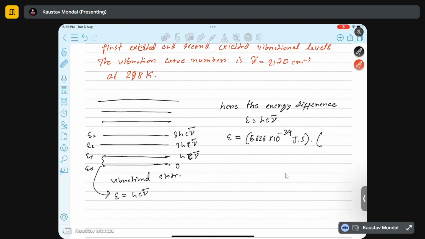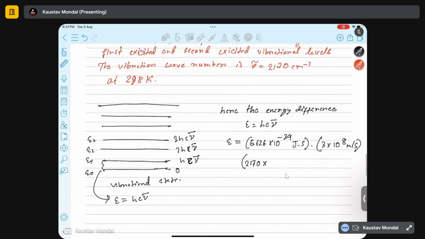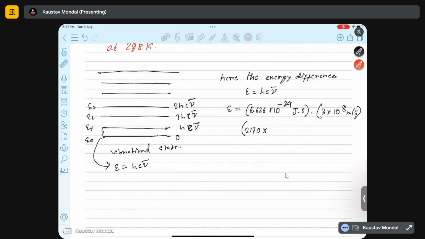The speed of light would be 3 times 10 to the power 8 meter per second, and the wave number is 2170 centimeter inverse. Converting into meter inverse, you simply multiply by 100.